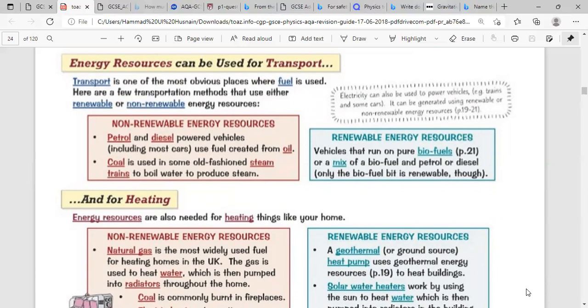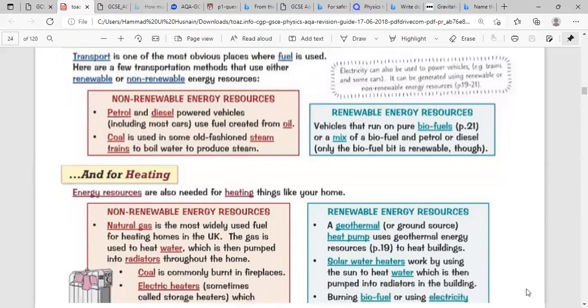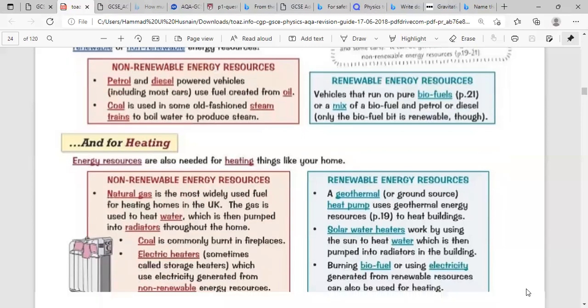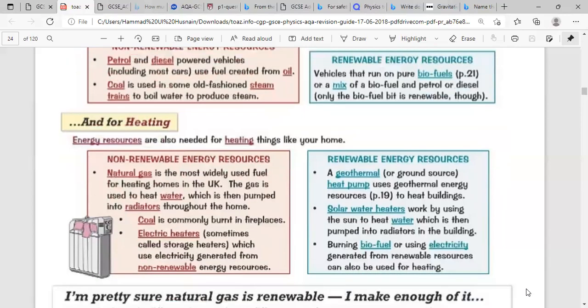And then there are certain vehicles which run on biofuels. They work on renewable energy resources. Similarly, we use these energy resources in order to heat. And for heating, again, we have certain types of systems which use non-renewable energy resources, and certain types of systems which use renewable energy resources in order to get heat.